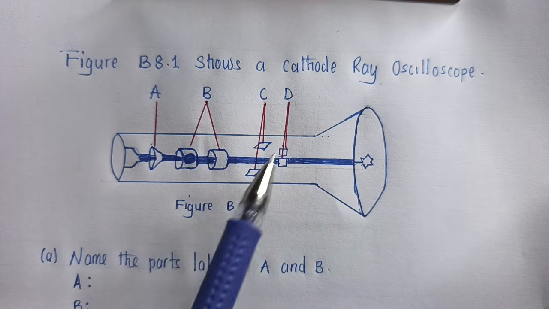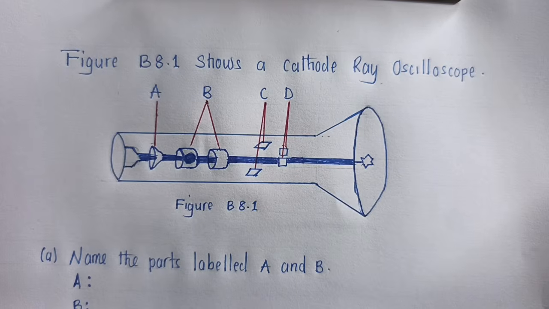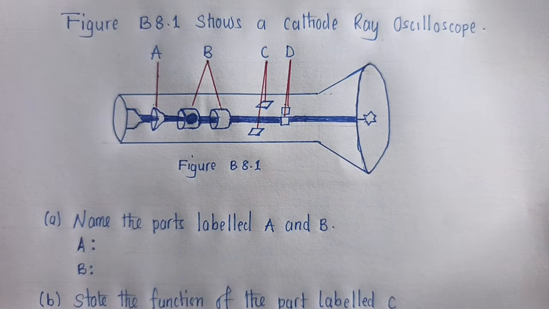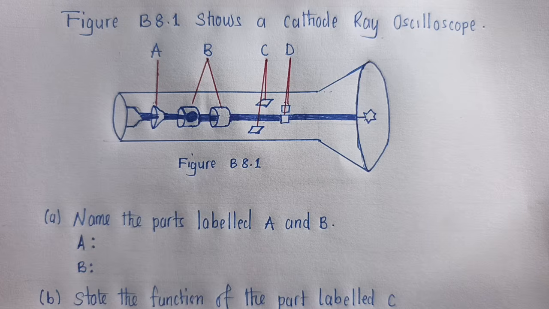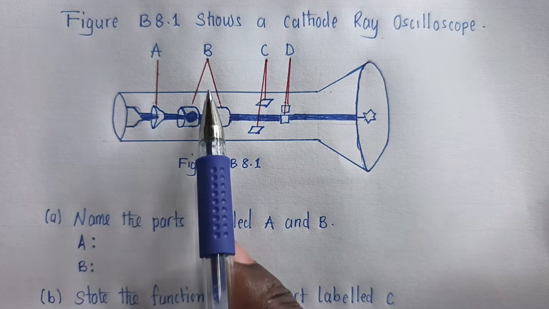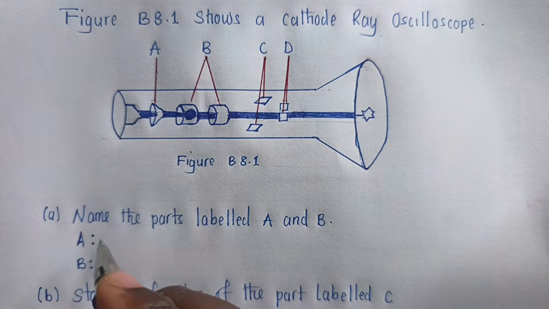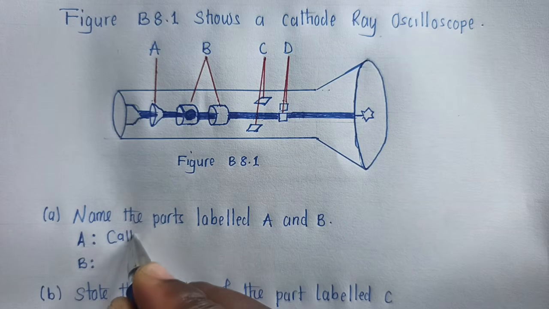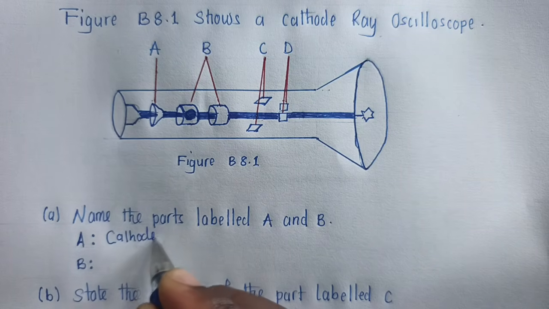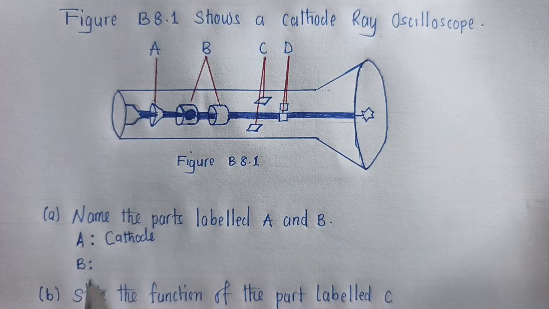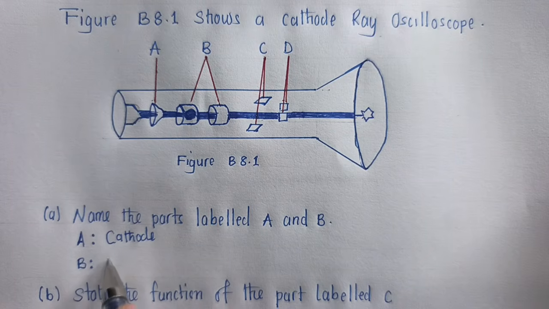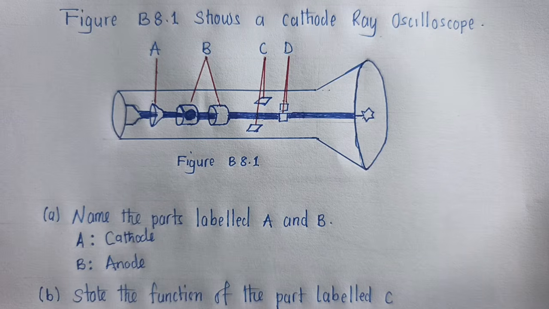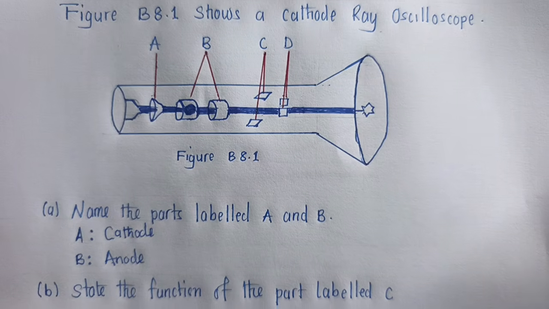The first question: name the parts labeled A and B. For A, you can say this is a cathode. And for B, this is called an anode. So those are the two answers.